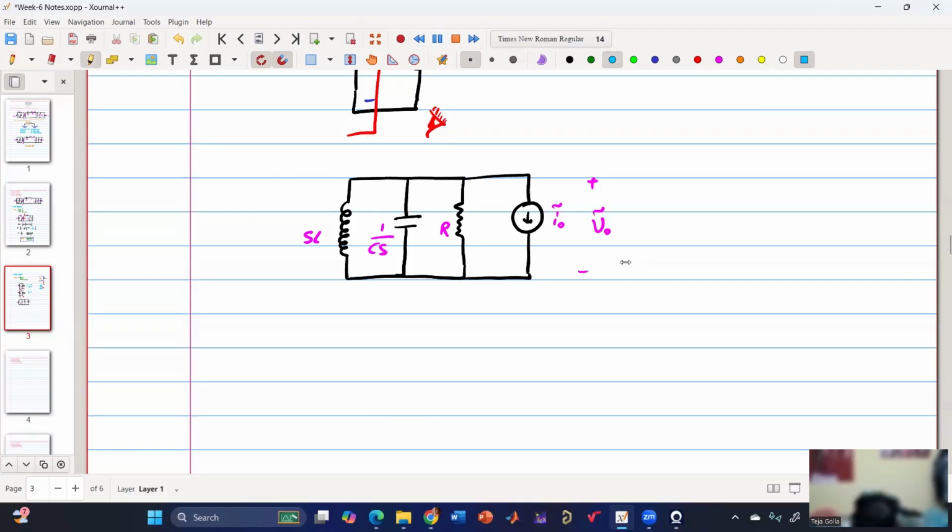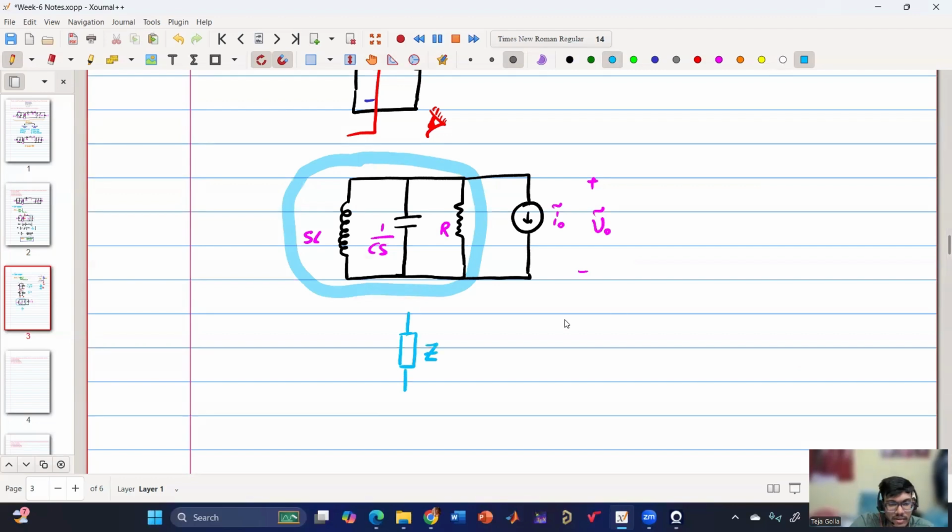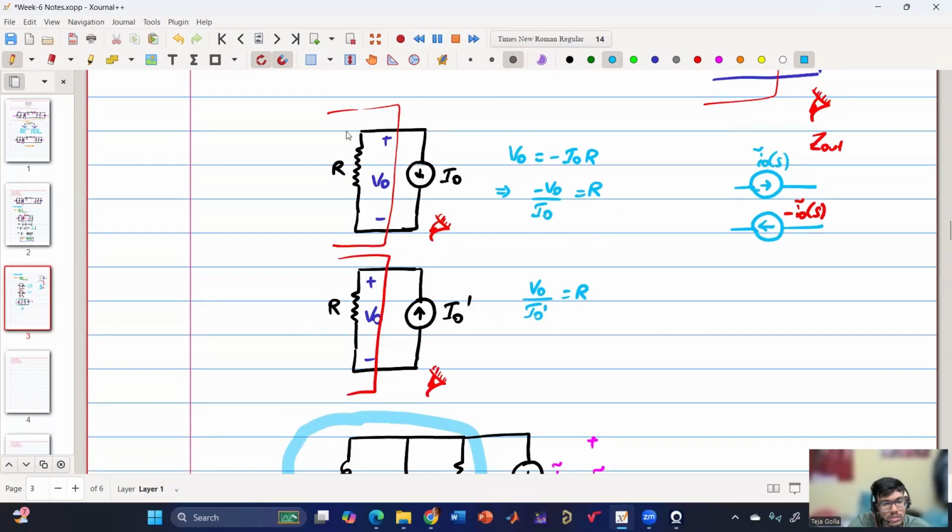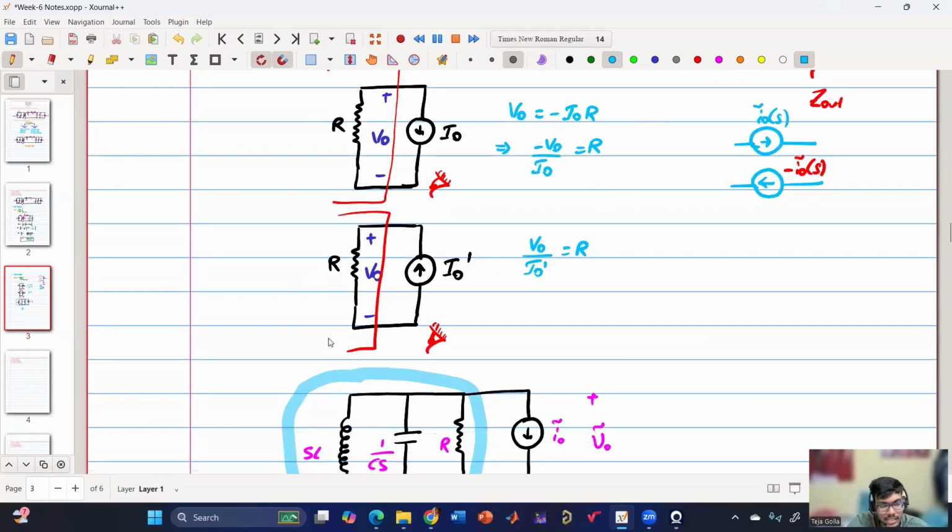Now what I will be doing is I will consider this entire thing as a single impedance, say Z. This Z will become my output impedance, because basically I am converting this entire thing into this circuit.